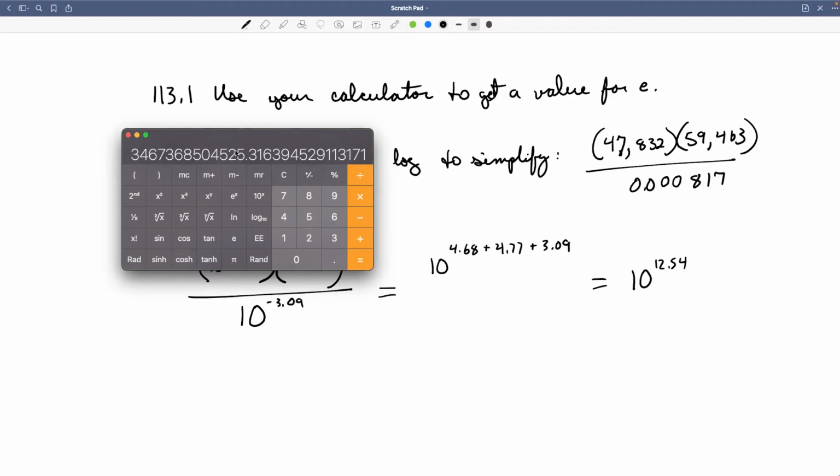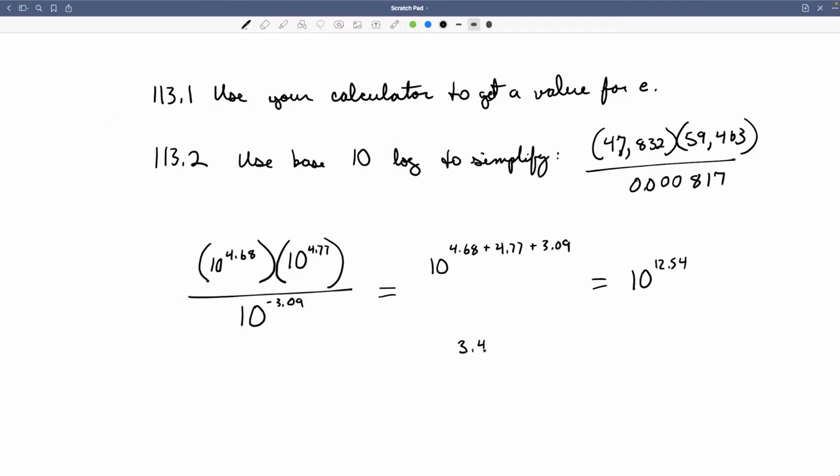So 1, 2, 3, 4, 5, 6, 7, 8, 9, 10, 11, 12 places is where we would have to move the decimal, and we're going to round that to a 7 here. So that would be 3.47 times 10 to the 12. That would be our answer.